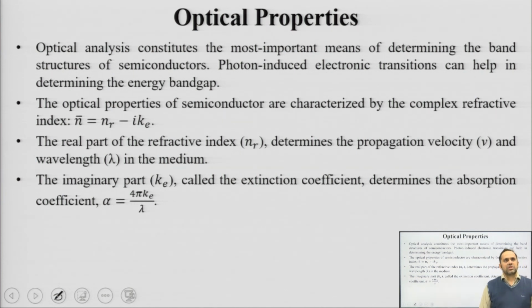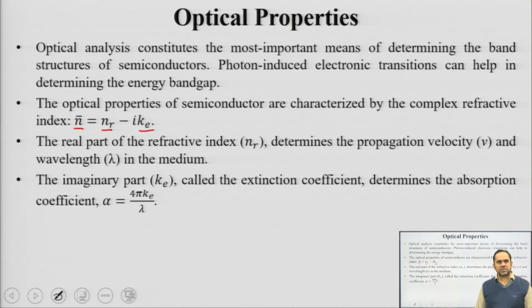Right. The optical properties of semiconductors are characterized by the refractive index, which is a complex number. So, the refractive index has a real part and an imaginary part. Okay. The real part determines the propagation velocity and wavelength of light in that particular medium.